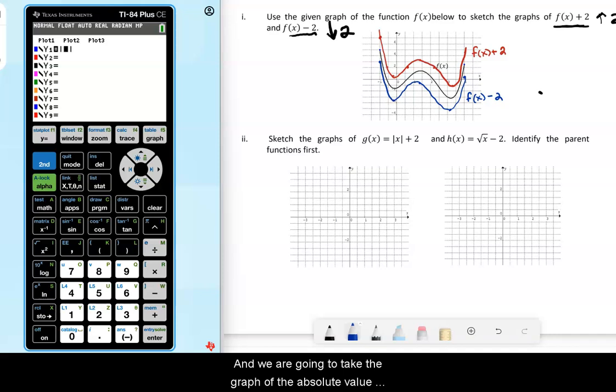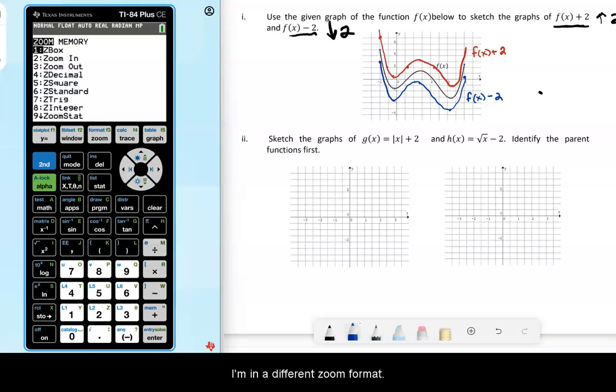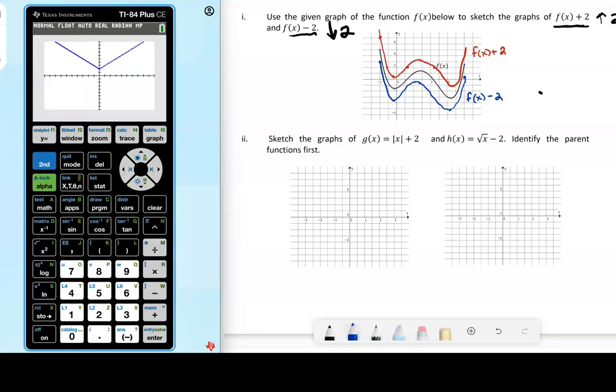And we are going to take the graph of the absolute value of x and we're going to move it up 2 units. Hit graph, and that's the translated function. I'm in a different zoom format. Let me hit the zoom button and then go to standard. And that matches what's on your screen for your calculator.